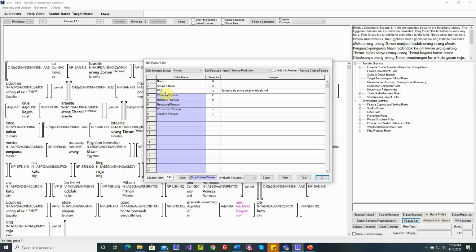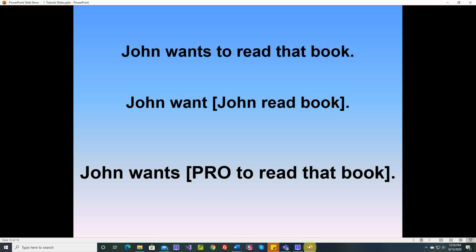Okay, big pro. There are no big pros in the semantic representations, but big pro, that's a term that linguists use. It means syntactically active but phonetically null. For example, in English we say, John wants to read that book. Okay, we would analyze that as John and the verb want, and then John read book.